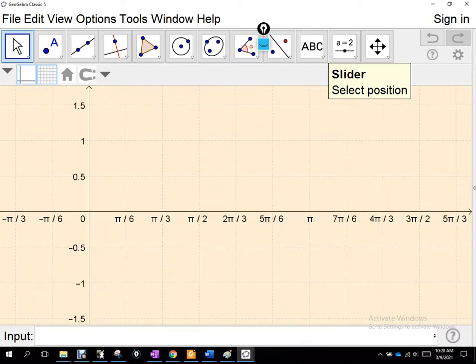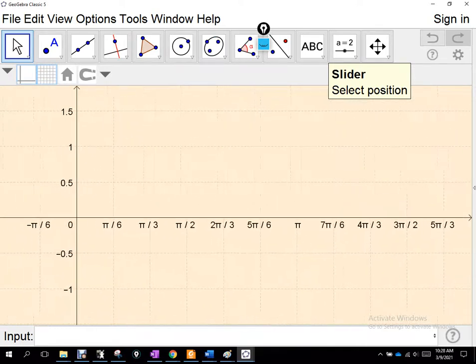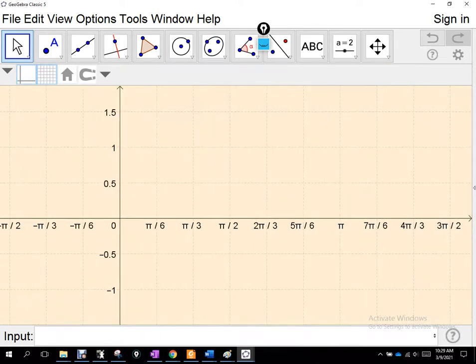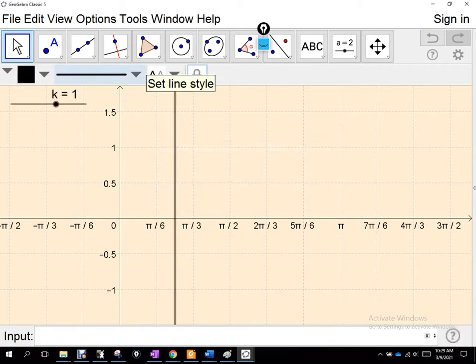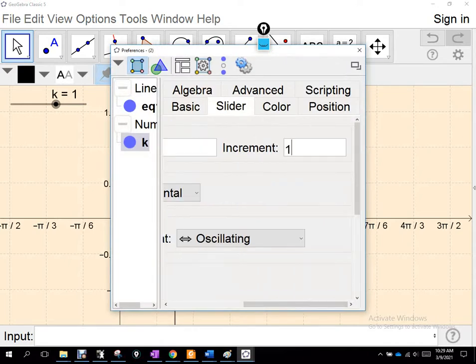Is this the unit circle laid out in a straight line? Okay. Now, I don't have my pi over 4s in there, but if I go x equals pi over 4 times k, let's let k be a slider here between -5, let it be 1.